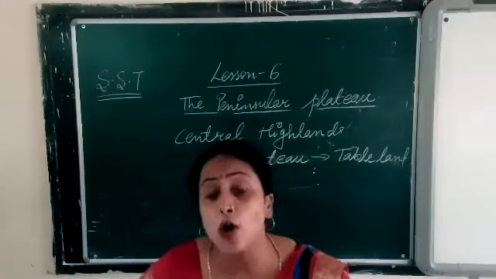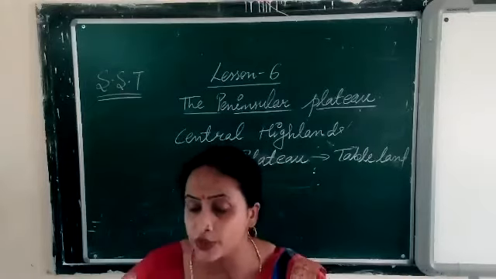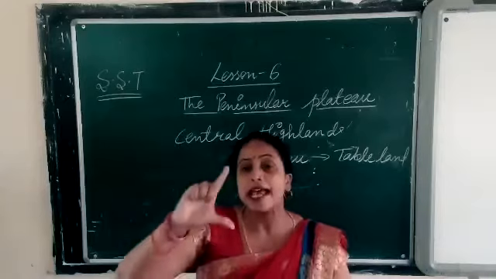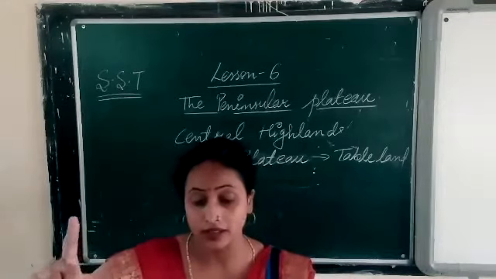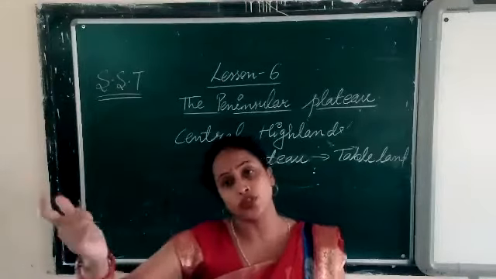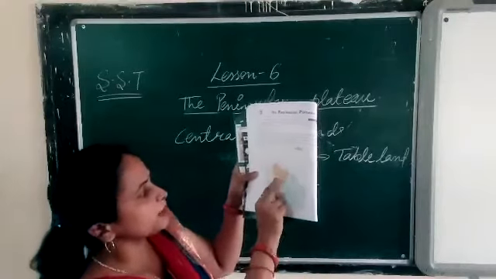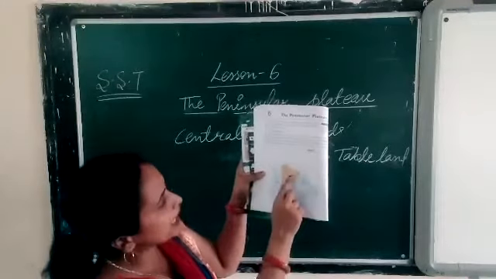Now you see the topic in the book, Malwa Plateau is given. Understood? The Malwa Plateau stretches across Rajasthan, Madhya Pradesh and Gujarat. So again you see the map. Where is Madhya Pradesh and where is Gujarat?